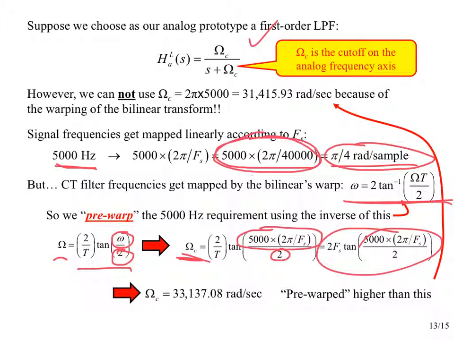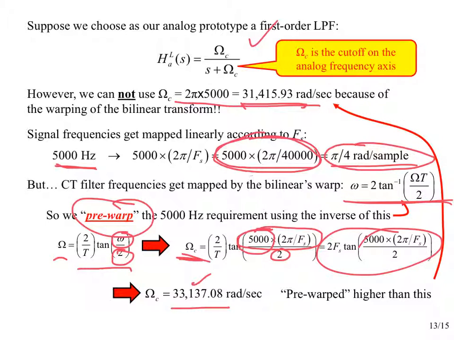We will find that we get 33,137.08. So we've taken this 5,000 hertz. If we just map it by converting into radians per second, we get 31,000 radians per second. If we pre-warp it, move it out a little bit, instead of 31,000, we get 33,000 radians per second. The book doesn't call this pre-warping, but a lot of books do call this pre-warping, and it's a very common way of thinking about the bilinear transform.